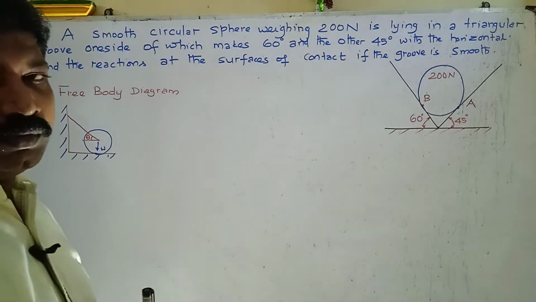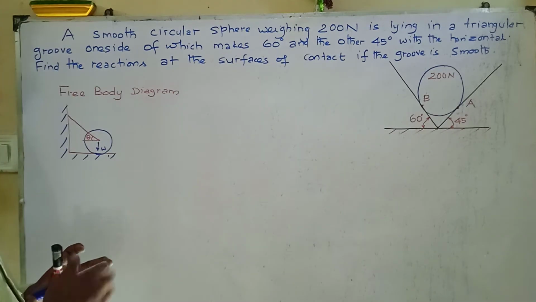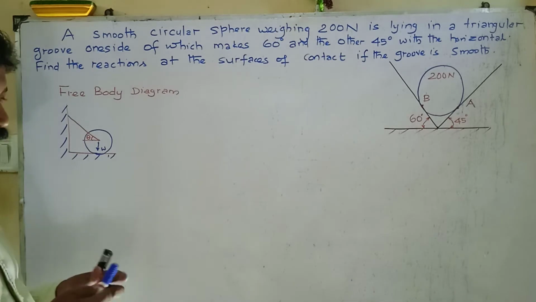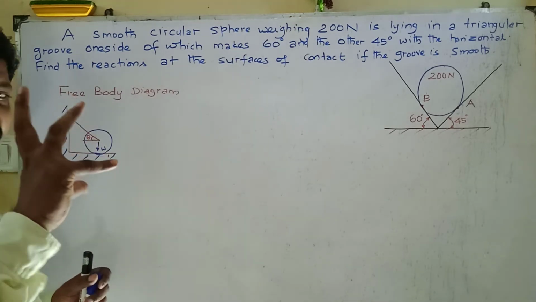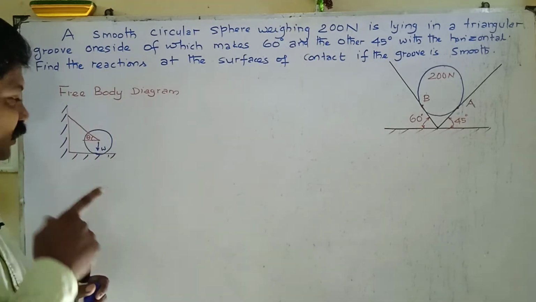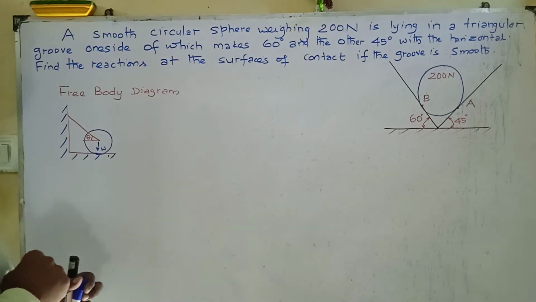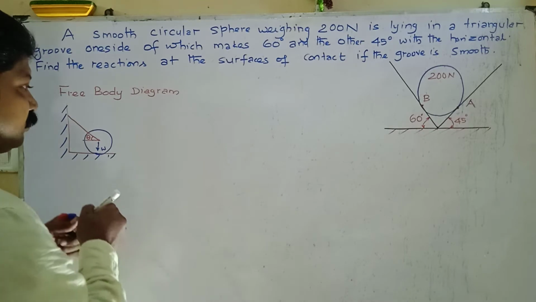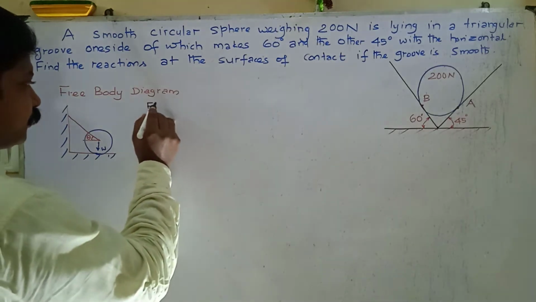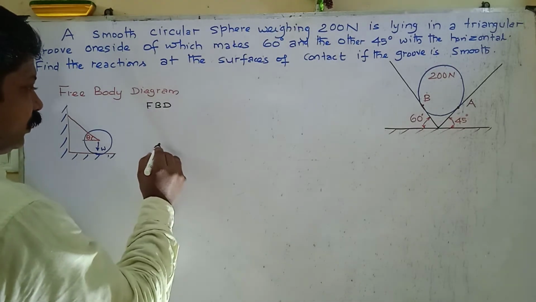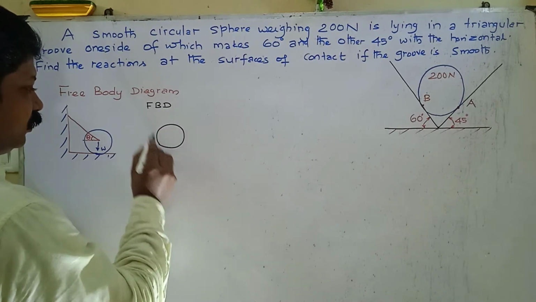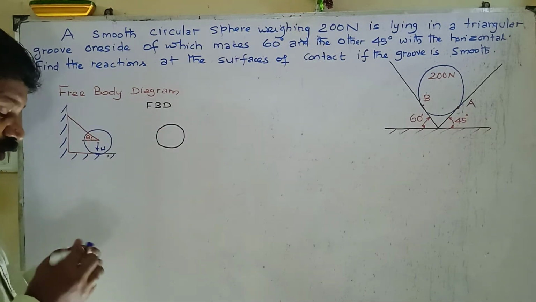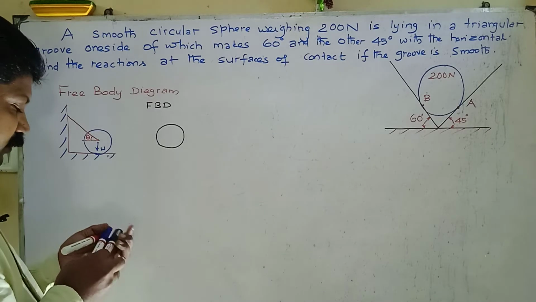Now, the free body diagram of this force system. First, isolate the main body from the surrounding. Which one is the main body? In this case, the ball. And represent all the forces acting on it.